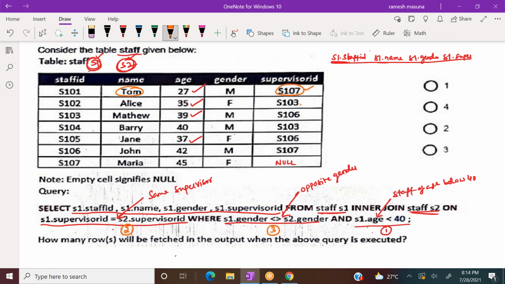Here in S1 the supervisor ID is S107. This S107 has to be verified with all S2 supervisor IDs now. So here I will write S2 supervisor ID for understanding.